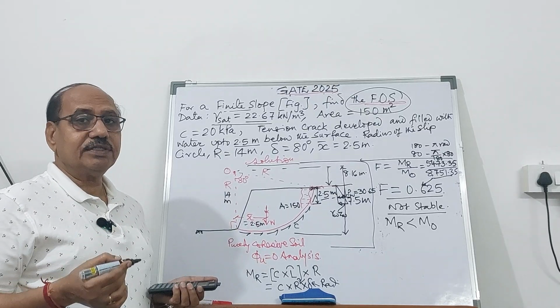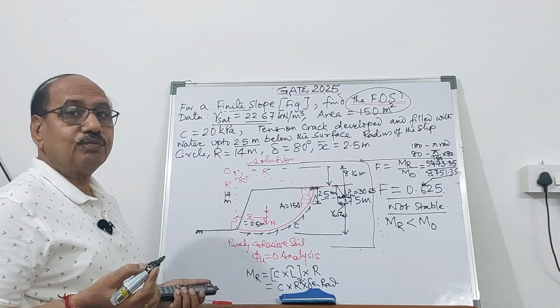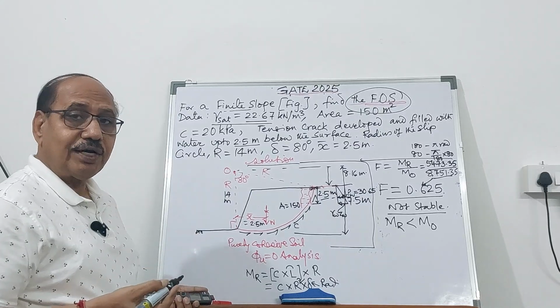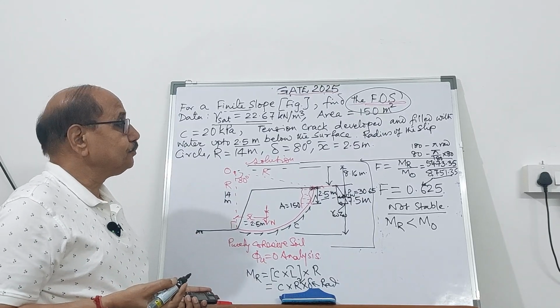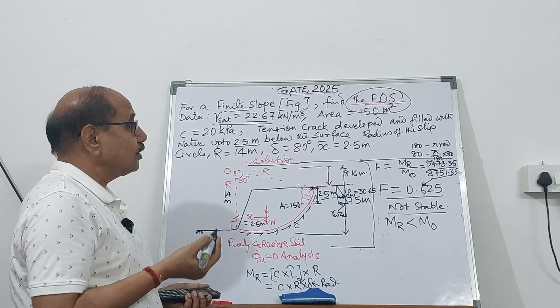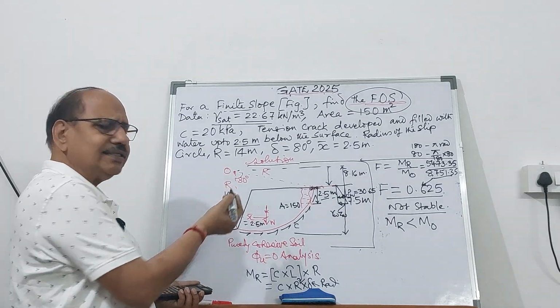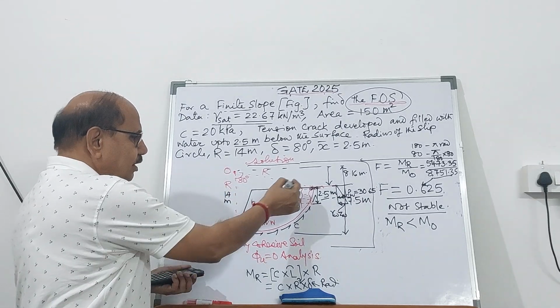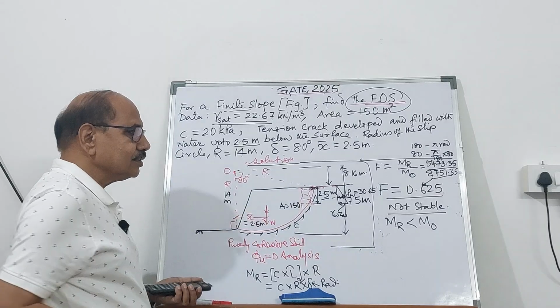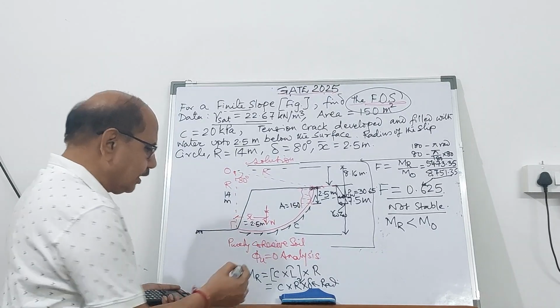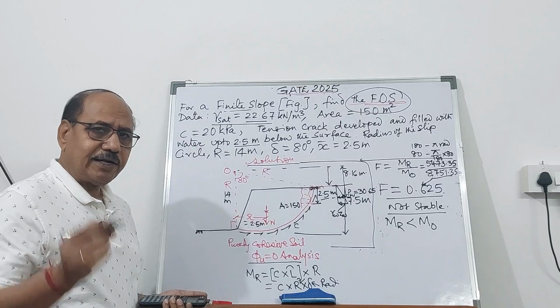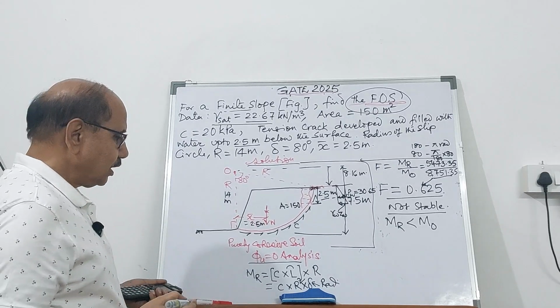You can see my previous video on the stability of slopes. So many problems we have already solved in this channel. You can see those problems. It was a simple problem with no cracks and all those things. And phi u equal to 0 analysis, I have already explained in my previous videos initially.